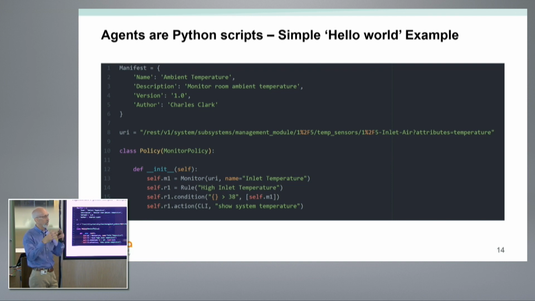And if we clicked on that, it would pop up a window and show us the CLI output of the show system temperature, the output that was generated at that point in time when the threshold was crossed. Okay, so that's just a really simple example of a script.